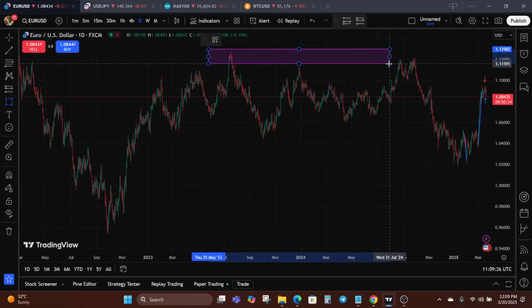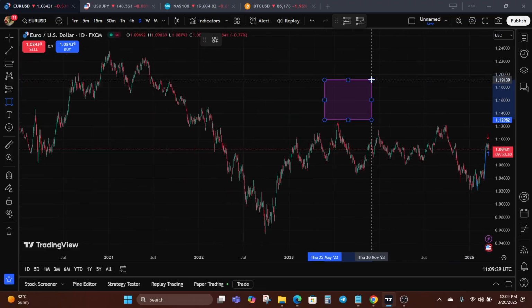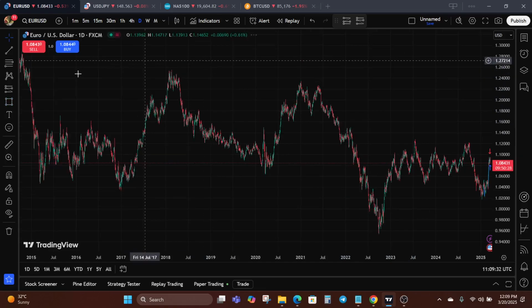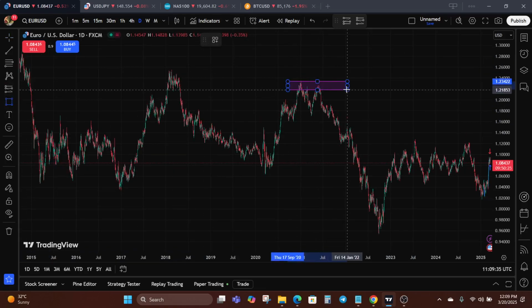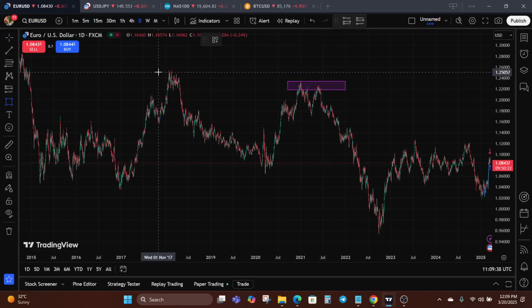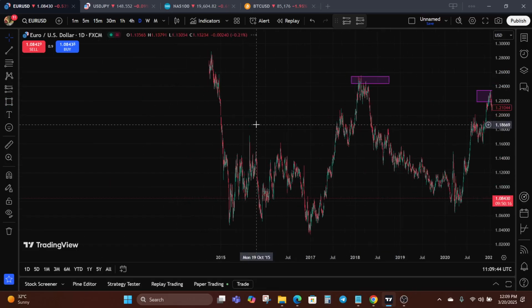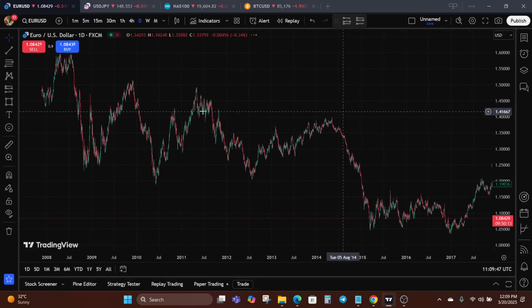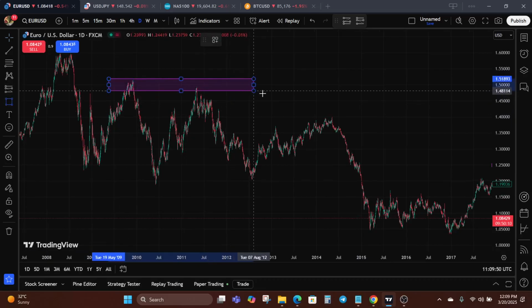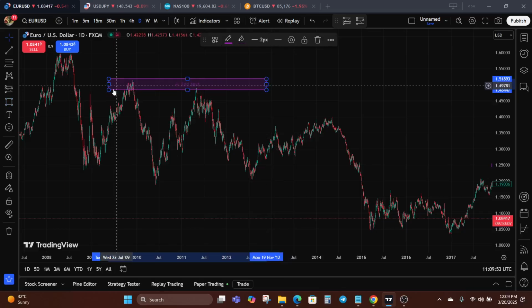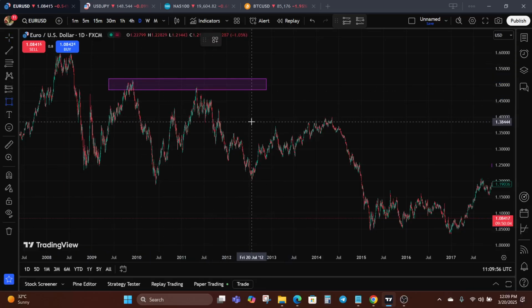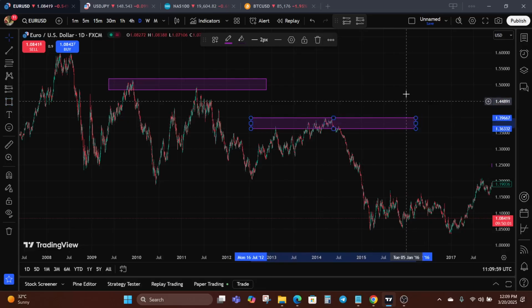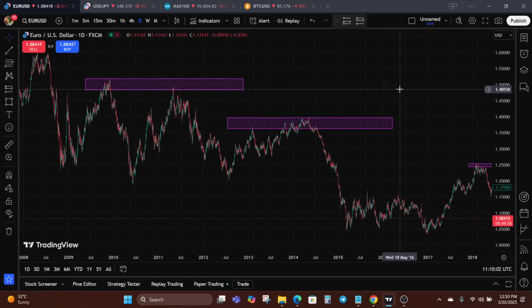Look for supply zones, those are areas where price has risen significantly but then dropped sharply.